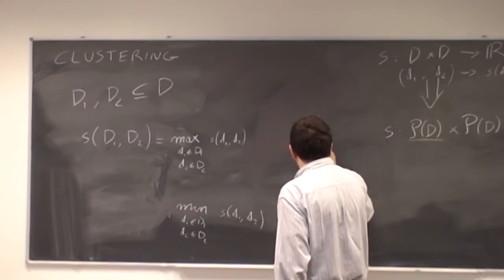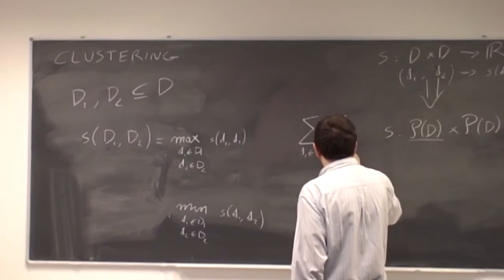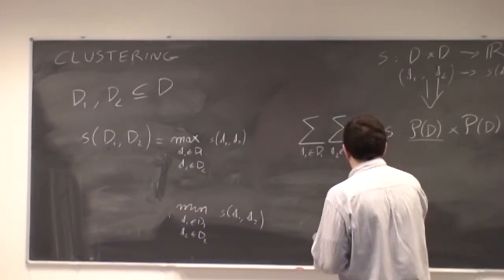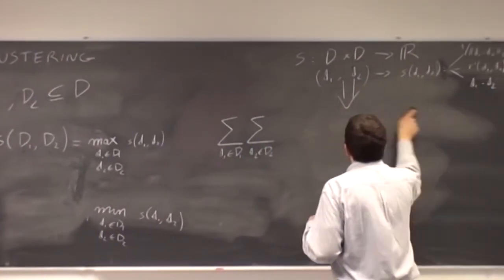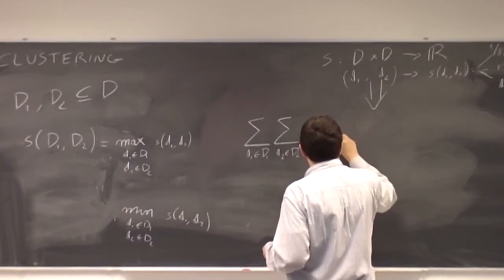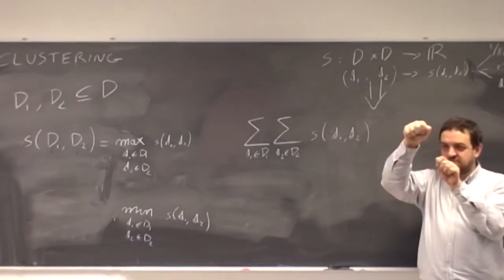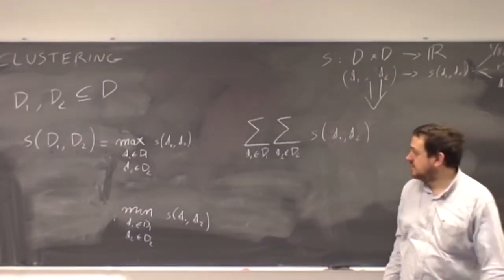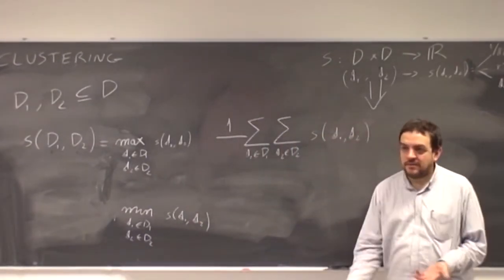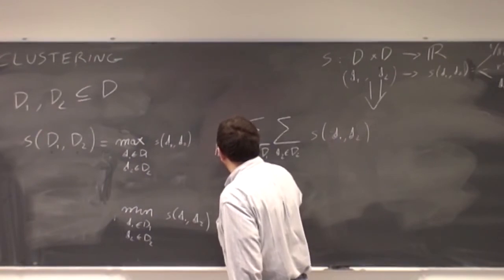So, the sum for d1 in D1 and d2 in D2 of the similarity between d1 and d2, so the sum of all possible similarities between one element in D1 and one element in D2, divided by the number of such similarities, which is the size of D1 times the size of D2.